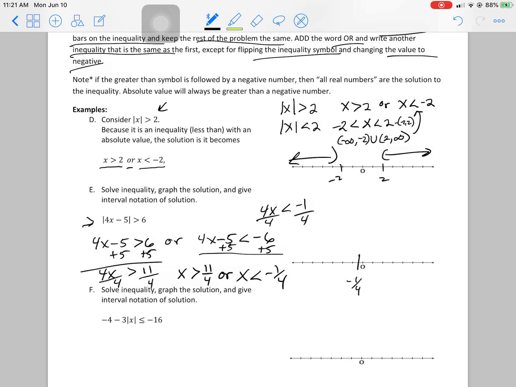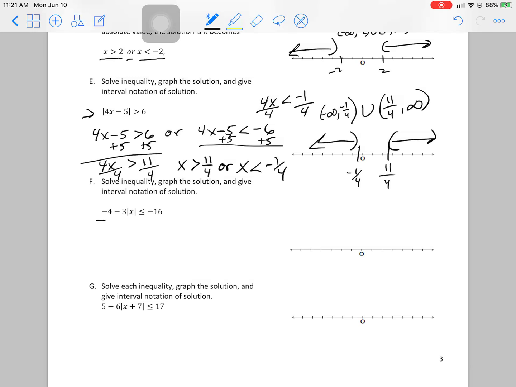And then 4 into 11 goes 2 times and a couple of extra, so this is up here somewhere, 11 over 4. And it's greater than this one or less than this one. And it's an or, so we want to keep both of them. Soft bracket, soft bracket. Okay, these are ors now.